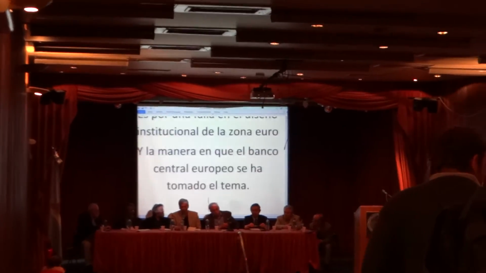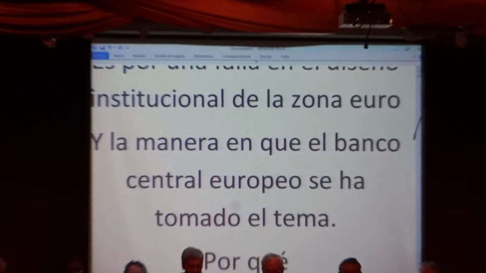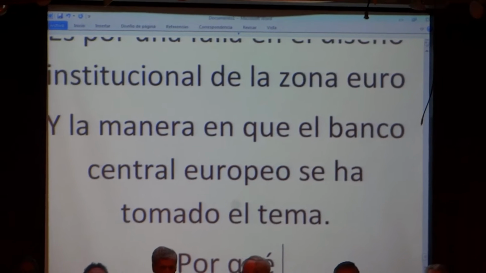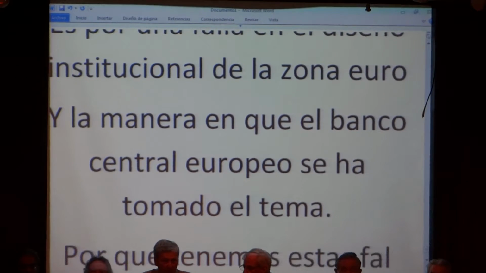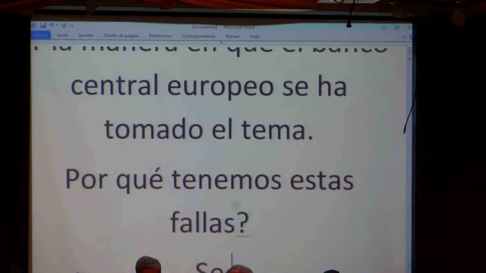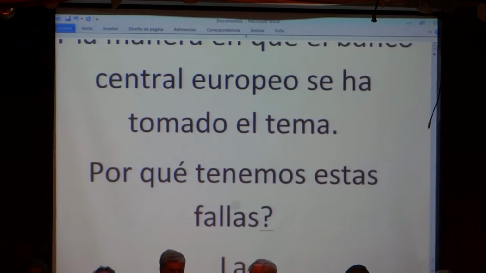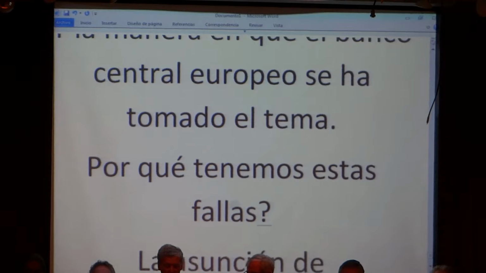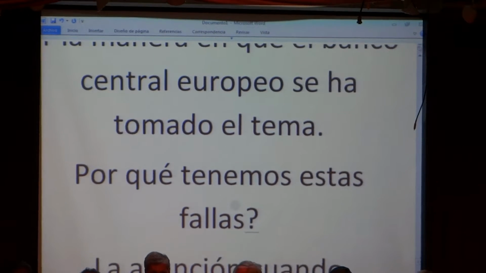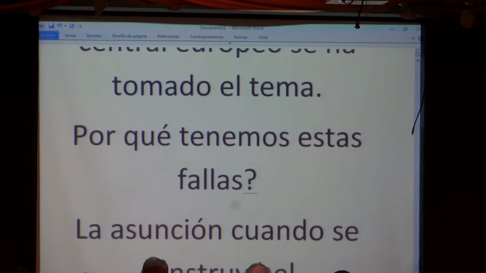Well, my opinion is that it's due to a flawed economic theory which was at the origin of the Euro system. When people constructed this Euro system, the assumption was that the financial markets were always right.